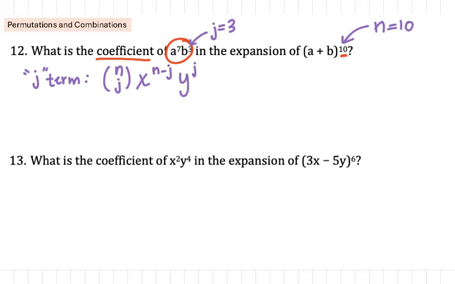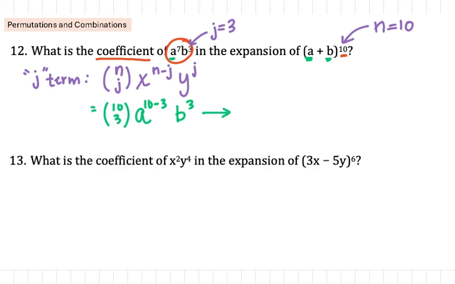So let's fill in those things for this specific problem. We've got n is 10, so 10 choose 3, and our x is a. So we're going to say a to the 10 minus 3, and our y value is b, b to the j, which in this case we said was 3.